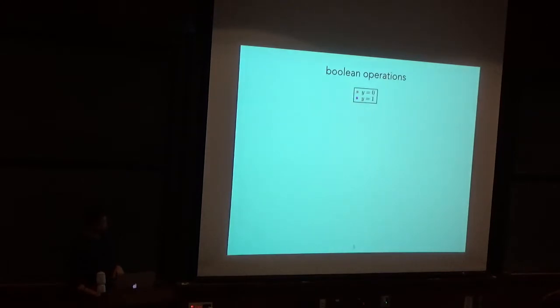Let's look at some simple Boolean operations. For those of you familiar with the AND gate, it's 1 if and only if the two inputs are both 1, and so we can see we can separate this with a line fairly easily. For the OR gate, it's 1 if either of the inputs is 1, so we can again separate this with a line.